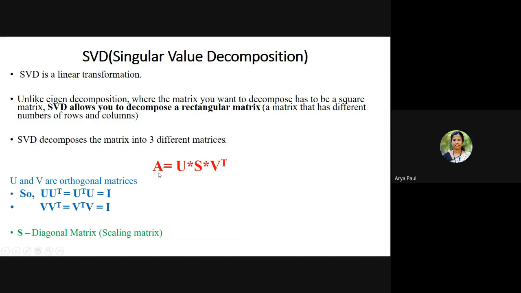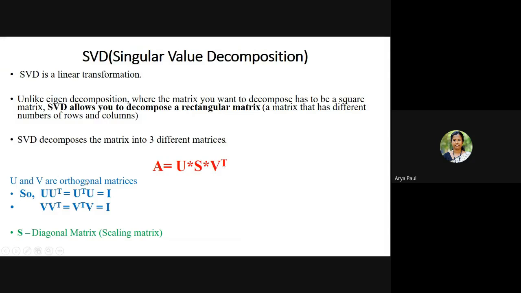In effect, we can write matrix A as U into S into V transpose. So in short, A equals U S V transpose.